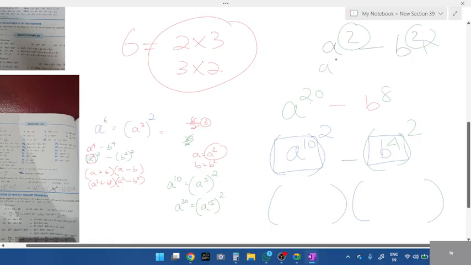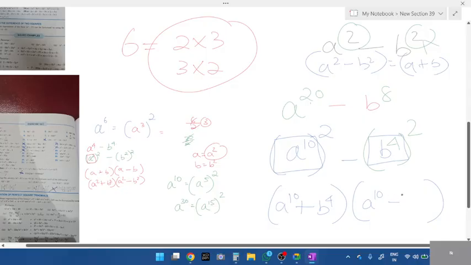No, no. The a square minus b square formula is a plus b into a minus b. What is a value here? a to the power of 10, plus what is b value? 4. Tell me a minus b. Not 6.